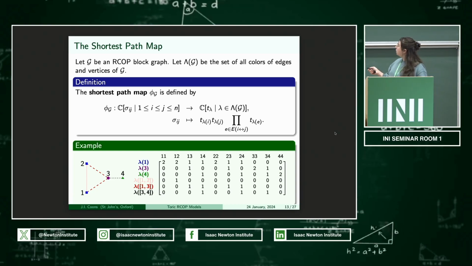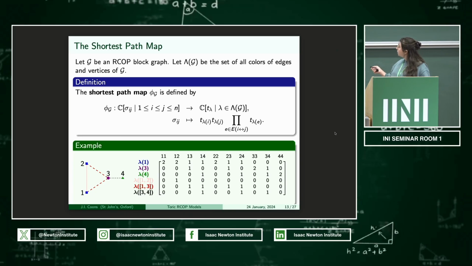So for example, I can write down the integer matrix whose column vectors are the exponent vectors on this side.